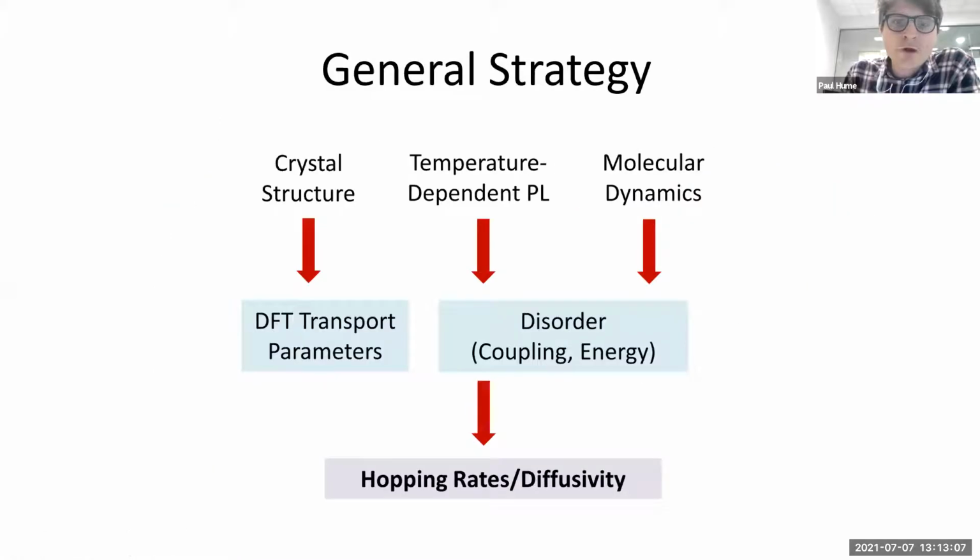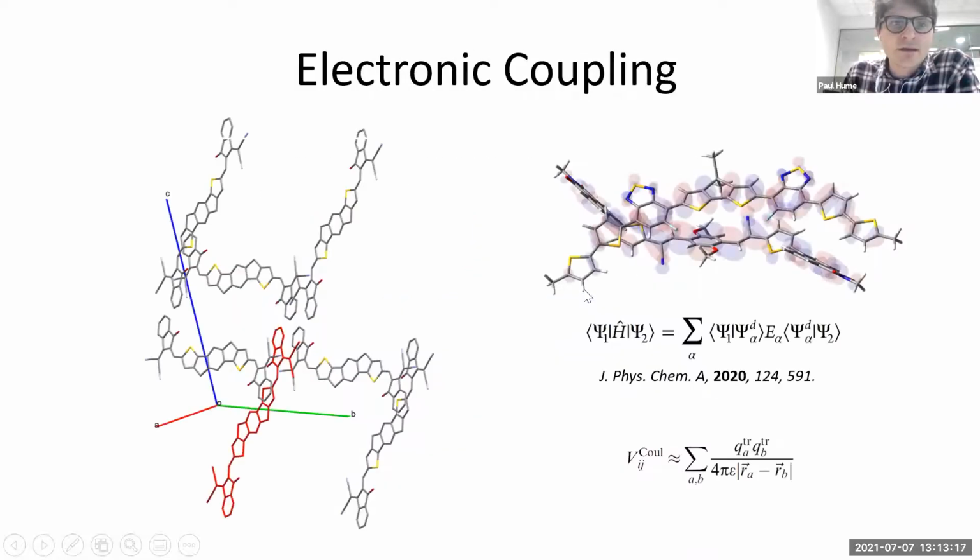So for IDIC, the parameter that I think is probably the most challenging to get right is the electronic coupling between your molecules. The way that we did this was a two-pronged approach. When two molecules are far apart and you don't have any wave function overlap, you can use a Coulomb-type expression called atomic transition charges.